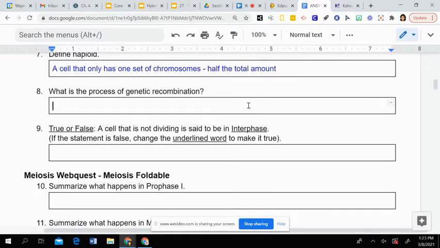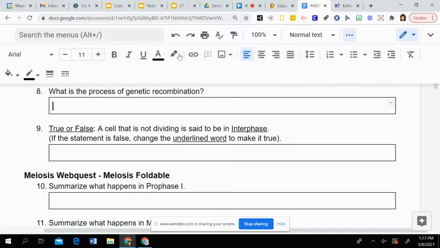The process of genetic recombination. What do we got? Allie? Yep. Okay. When the genetic information is exchanged maternally and paternally.